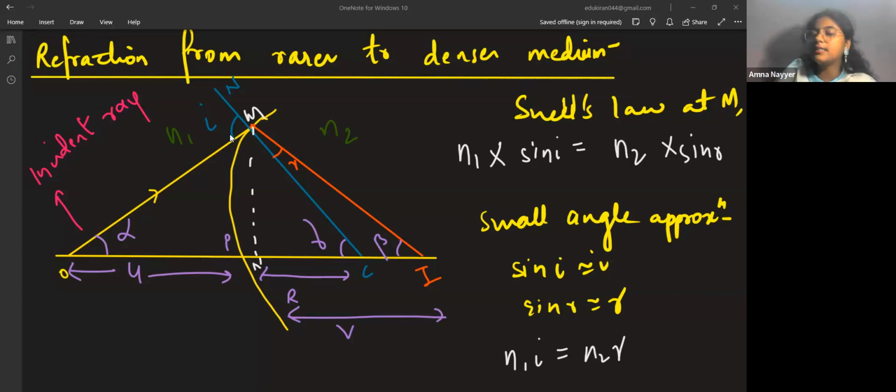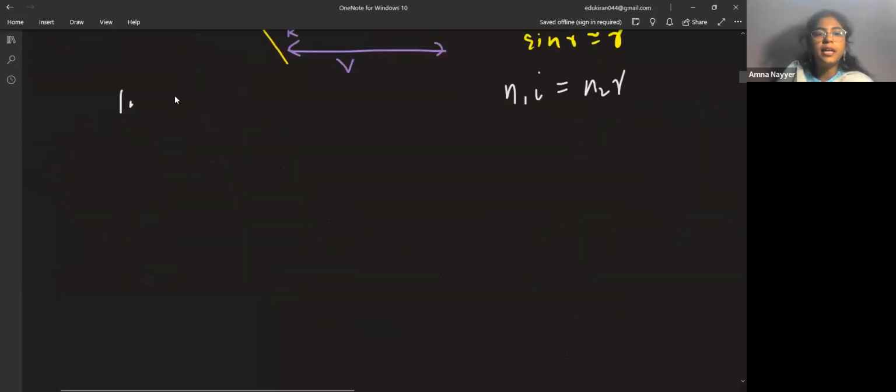Yes, the exterior angle property of a triangle says that the exterior angle is equal to the sum of the opposite angles of the triangle. So in triangle OMC, I is equal to alpha plus R. Clear?